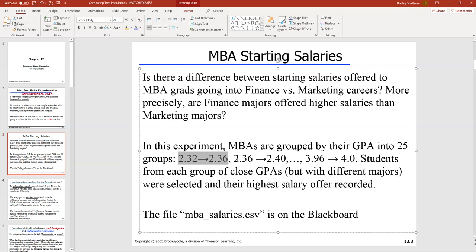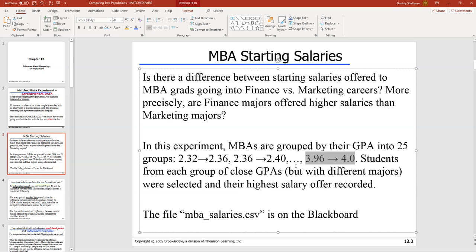And we're going to do the same exact thing with the next group and the next group and the last group. So the last two observations would be one person, MBA finance with a high GPA above 3.96, and another person, MBA marketing, with also a GPA above 3.96. So this way, in our sample, well, it's actually going to be two samples, right?